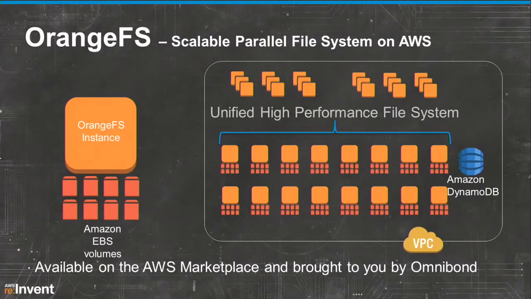So a little background. OrangeFS, as Dougal kind of highlighted, is one of the parallel scale-out file systems that you can run in Amazon. In this diagram, you have an OrangeFS instance, and we chose to deploy this scale-out file system on top of EBS volumes. So we had 8 EBS volumes underneath each of the OrangeFS instances.